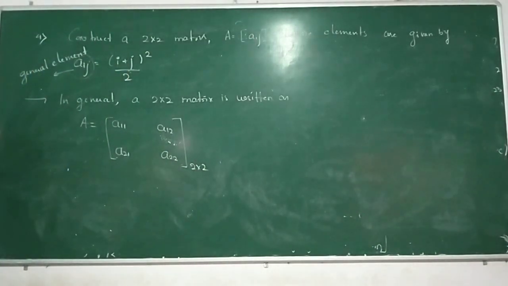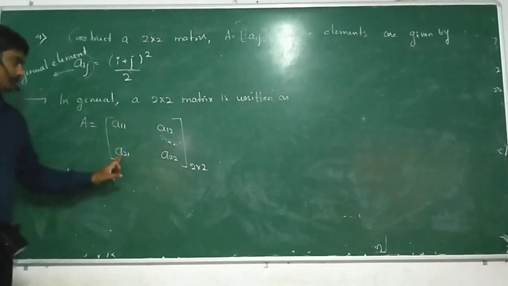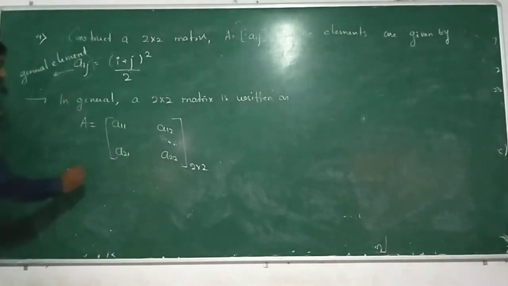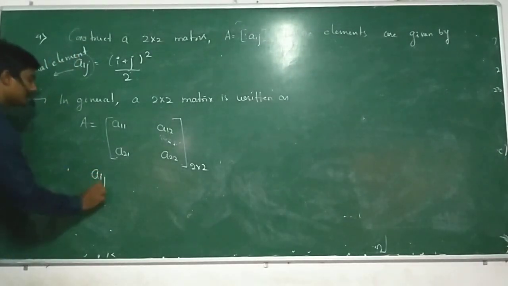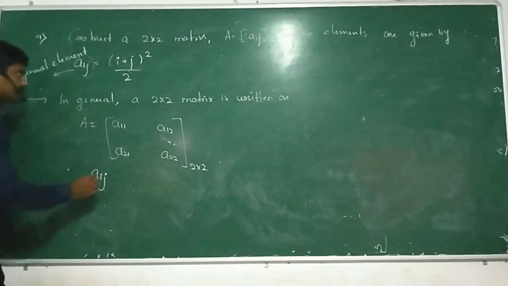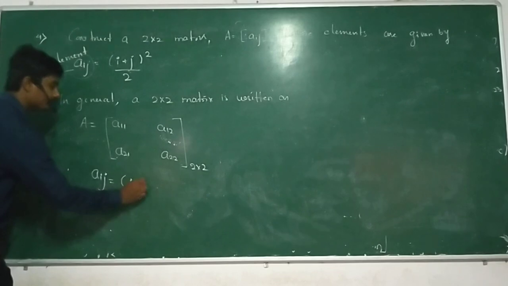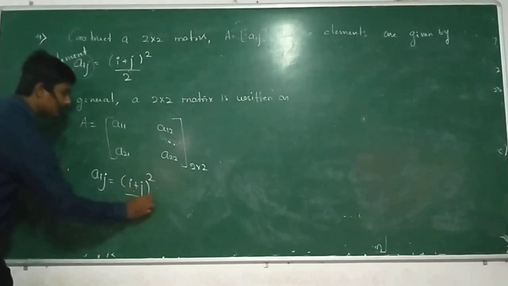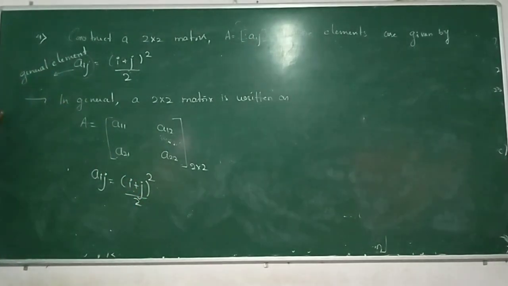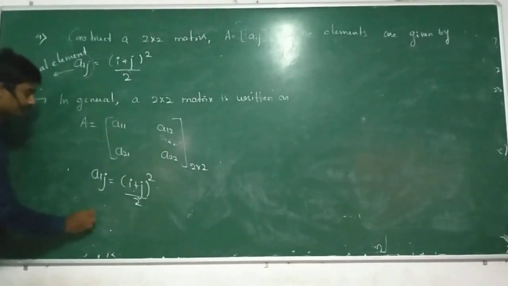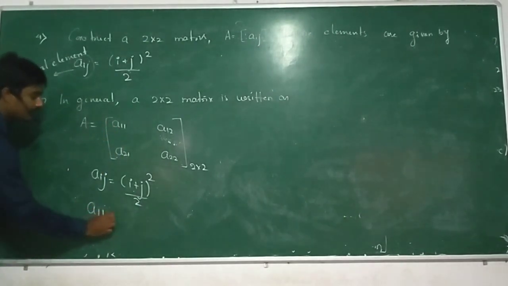So now we need to find the elements A11, A12, A21 and A22 using the definition of the general element given in the question. In the question, the definition of the general element is given as Aij equals (i plus j) whole square upon 2. So if I want to find the element A11, what do I need to do?